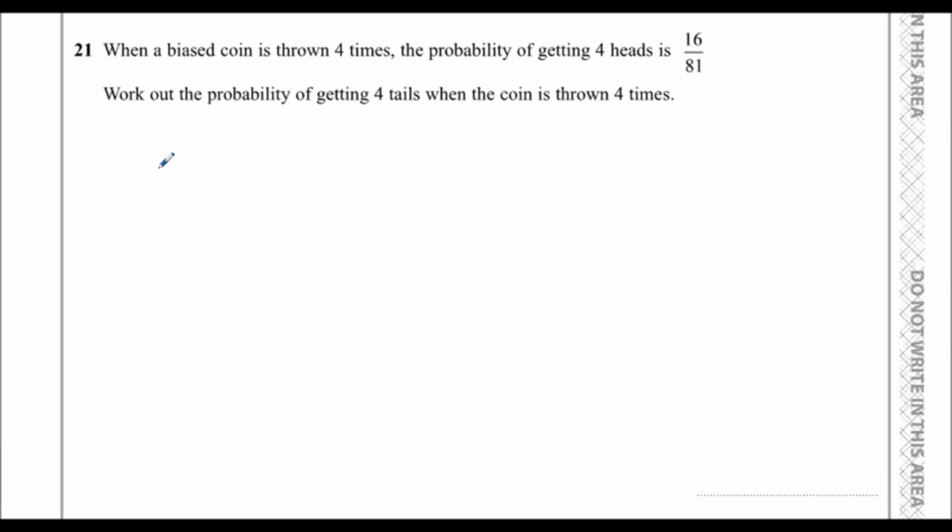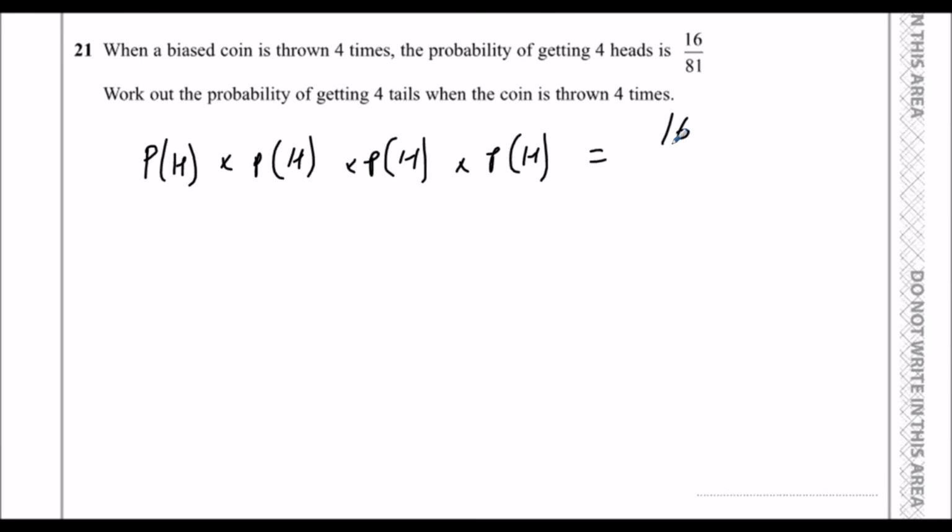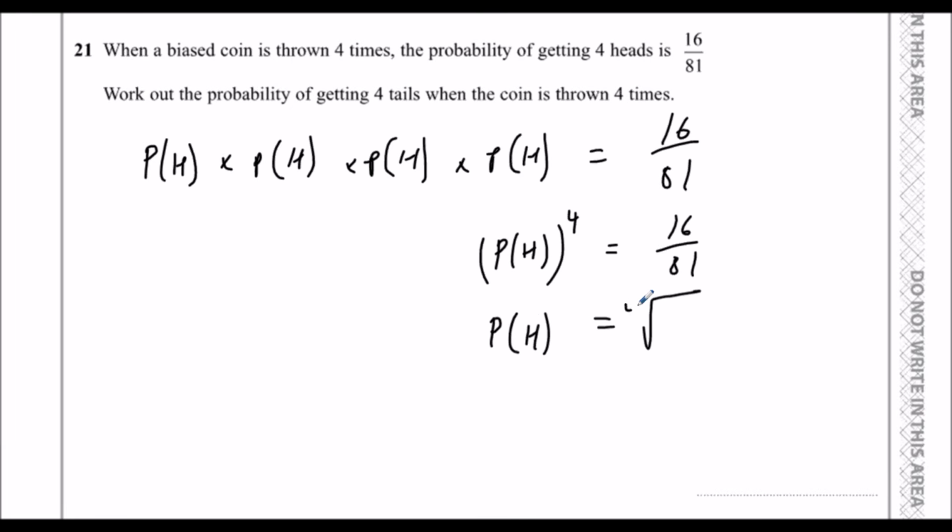So it's the probability of heads times the probability of heads times the probability of heads times the probability of heads is 16 over 81. So that's the probability of heads to the power of 4 is 16 over 81. If we want to find the probability of getting a head, we have to do the fourth root of 16 over 81.